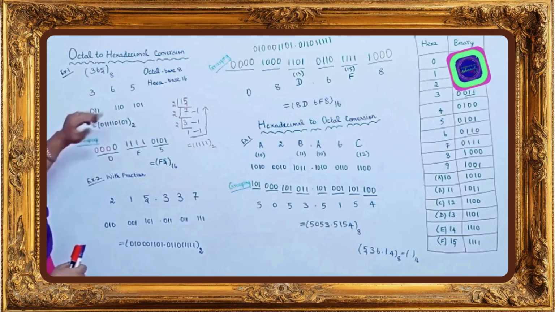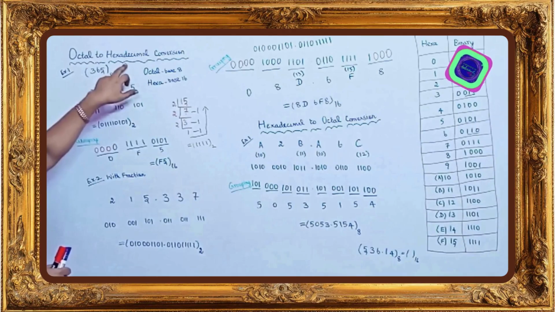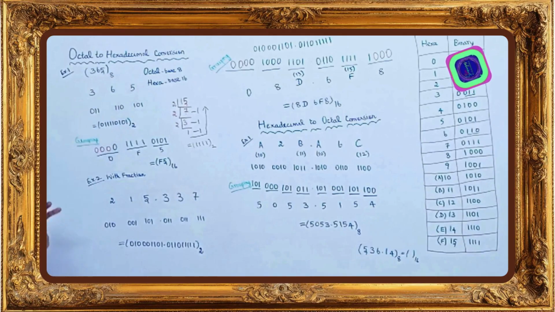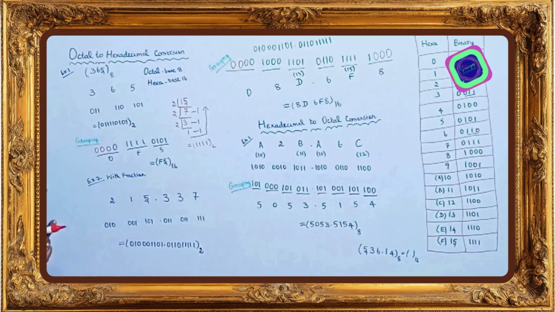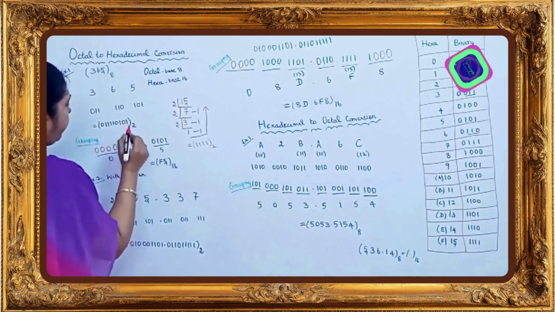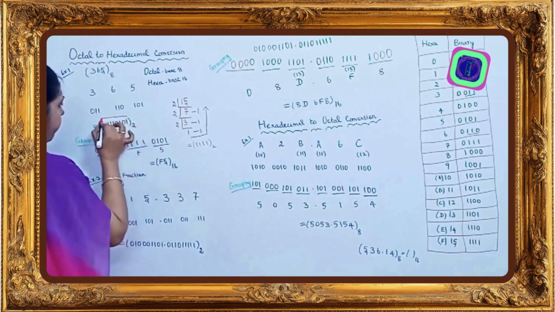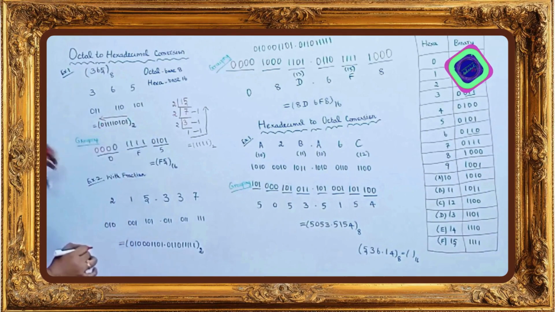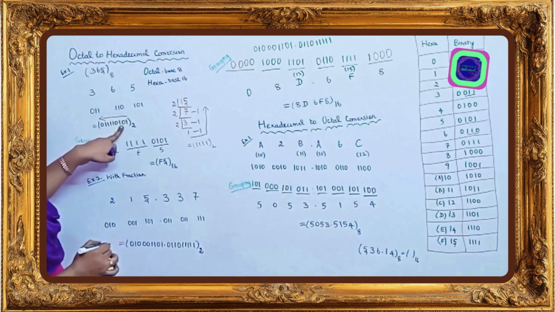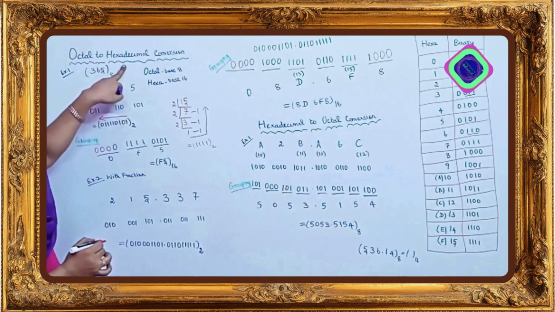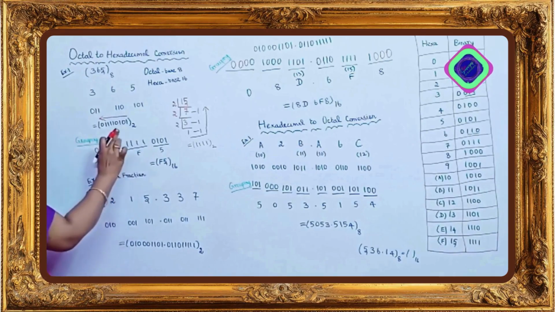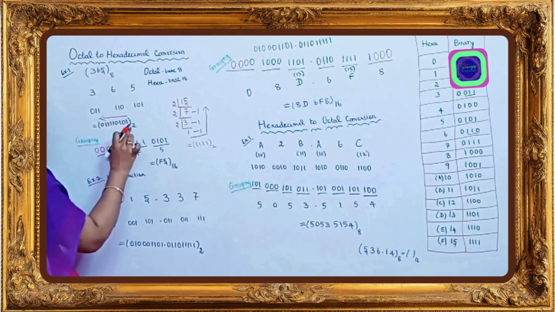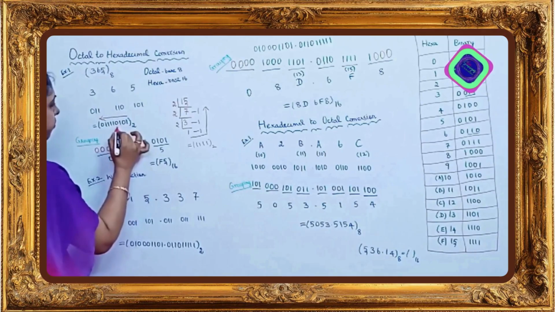Again we want to convert it into hexadecimal. How does the conversion take place? Consider this number and group the bits starting from the right to the left, since it is an integer number. Since we want to convert to hexadecimal, it is grouped as 4-digit binary. So the last 4 digits, 0101, are grouped here.